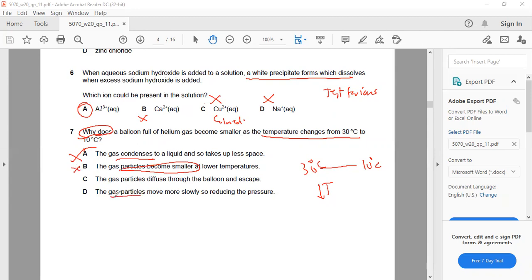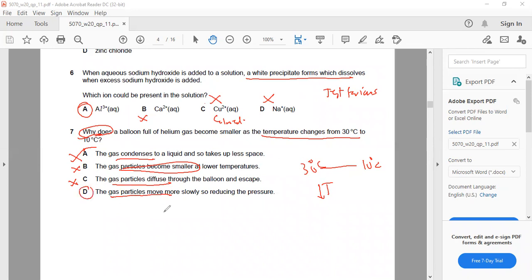The gas particles diffuse: B and C are absolutely wrong, because it's not that the gas is diffusing out of the balloon. It's because the pressure decreases.